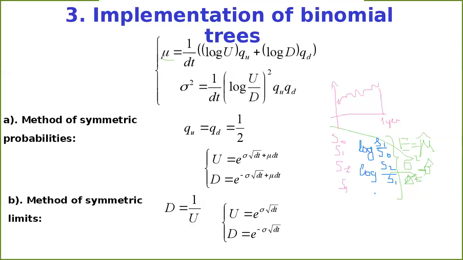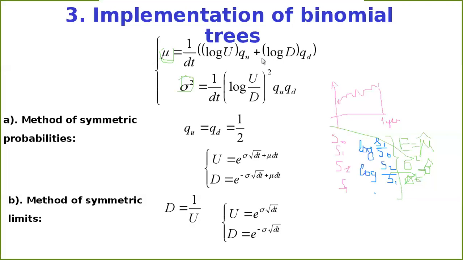And so we have this value from real financial data and this value from real financial data. But we have 3 unknown variables: qu, u, and d, because qd equals 1 minus qu.